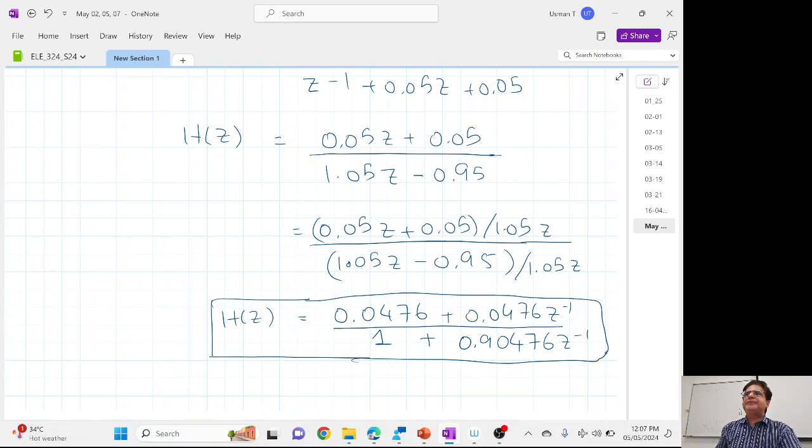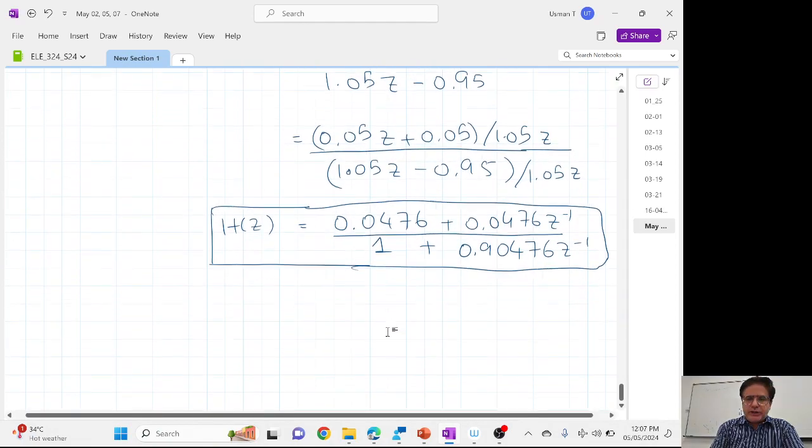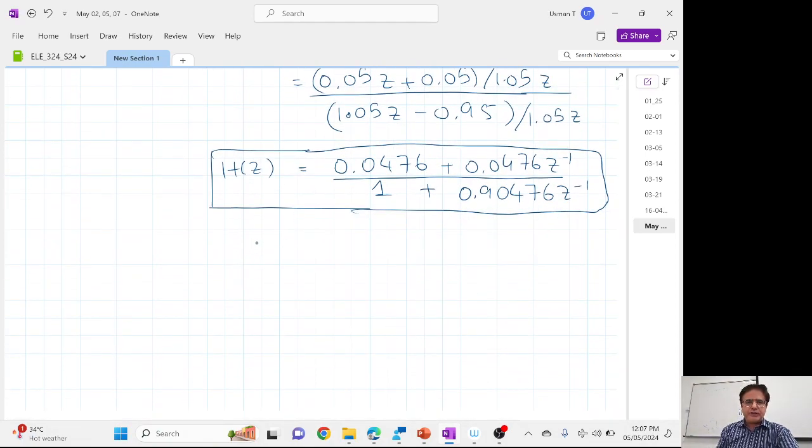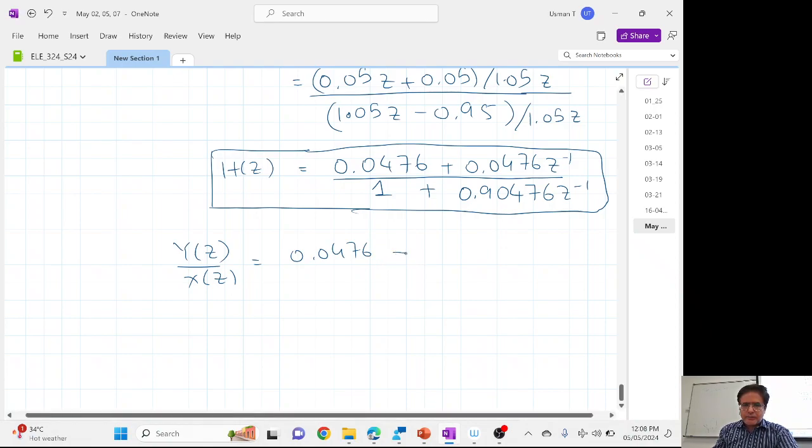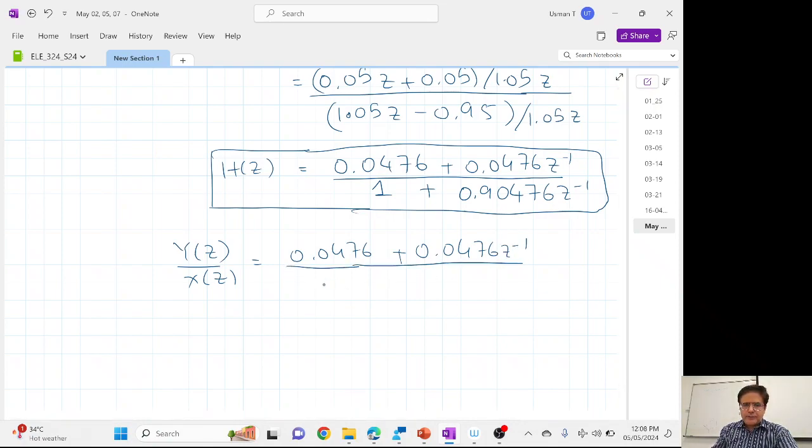Clear? And then from here, I can find the difference equation representation. How can I find it? I can just write it in terms of Y(z) over X(z). So Y(z) over X(z) equals 0.0476 plus 0.0476 z to the power minus 1 over 1 plus 0.90476 z to the power minus 1.